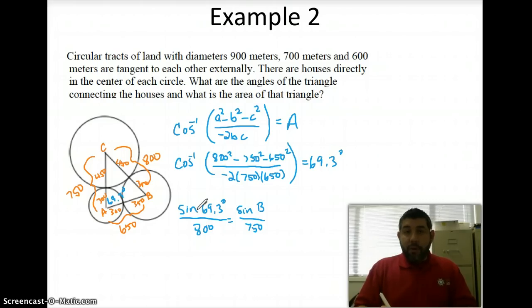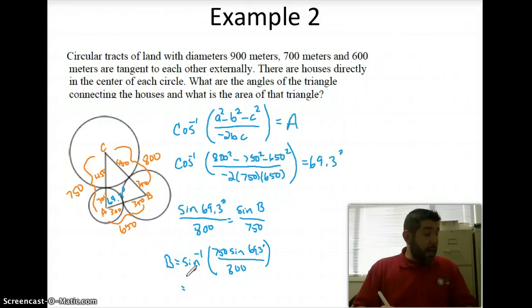Multiply the 750 over and then solve for B. When we're solving for an angle, we use the inverse. So B is equal to the inverse sine of 750 sine of 69.3 over 800. We do that in our calculator, and we get 61.3 degrees.